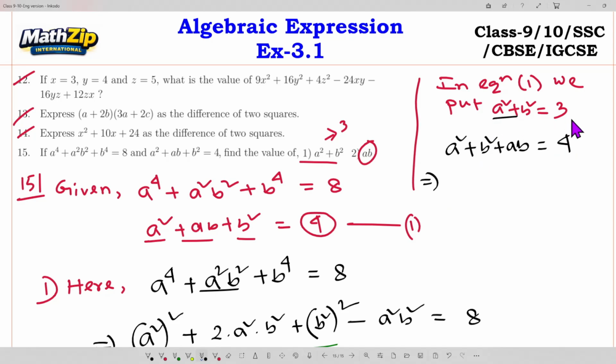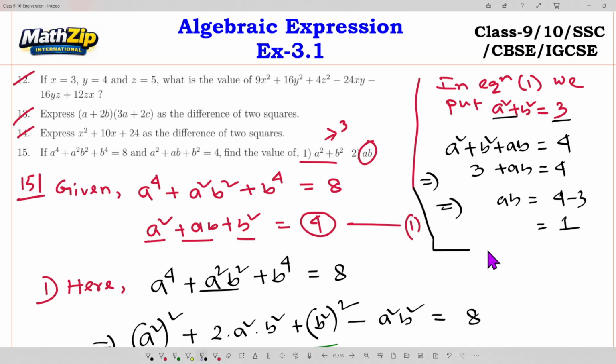A squared plus b squared means 3, so 3 plus ab equals 4, and then ab equals 4 minus 3, subtracting 3 from both sides, and finally we get 1. And this is our result.